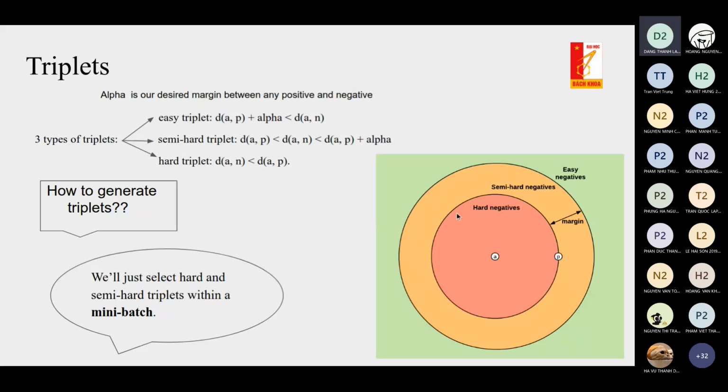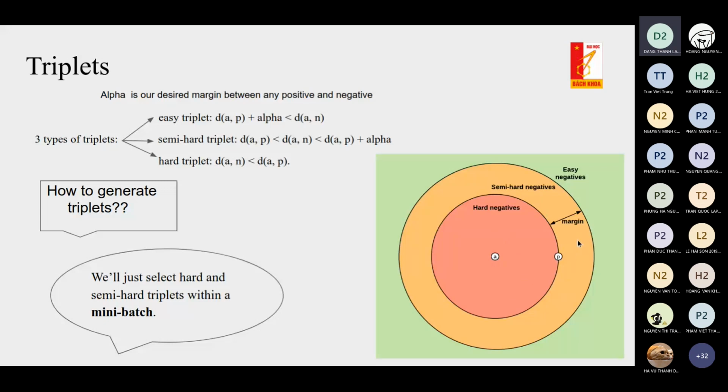This convention is based on the position of the negative. You can see in this image, this is the anchor, and this is a positive image. So when the negative lies in this area, it means that the distance between anchor and negative is smaller than anchor and positive. So we call that a hard negative.